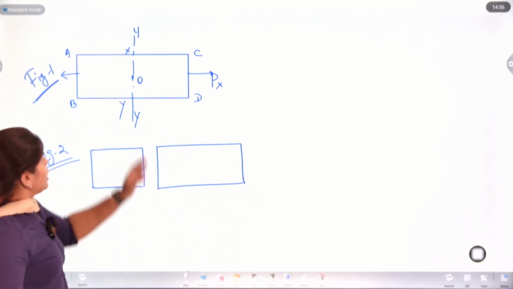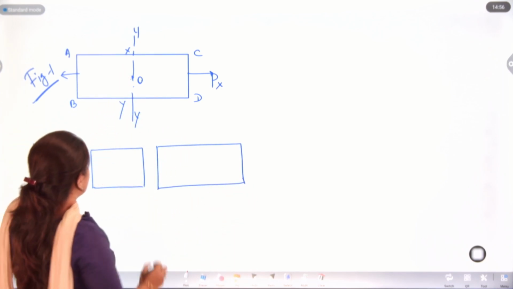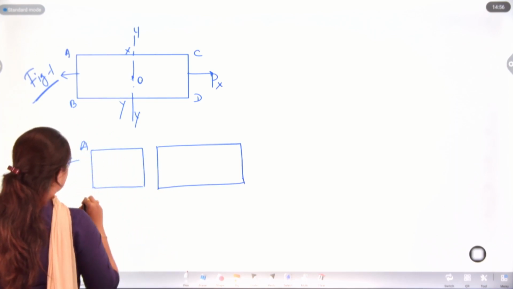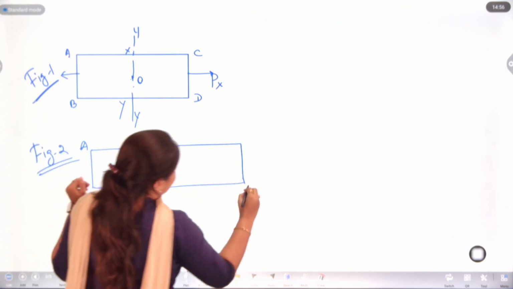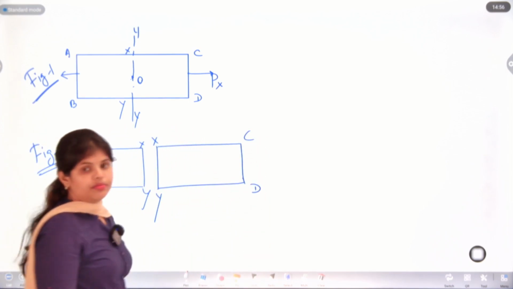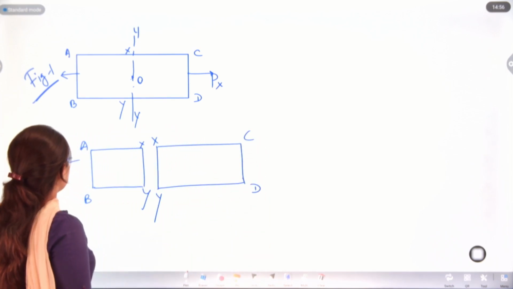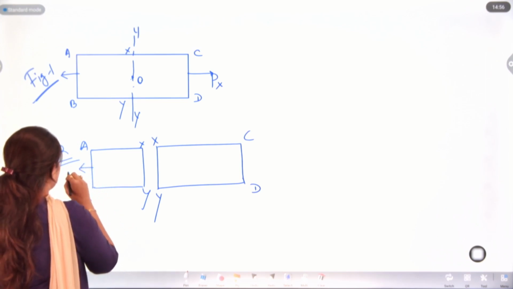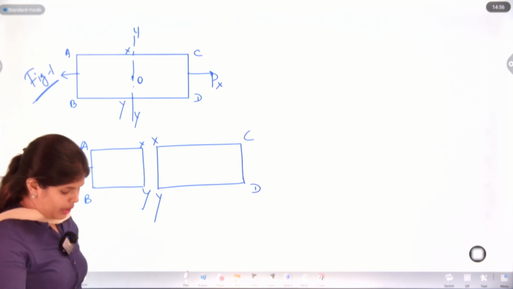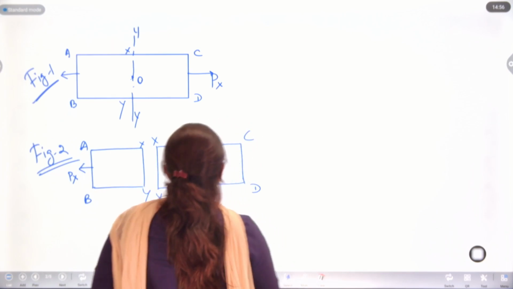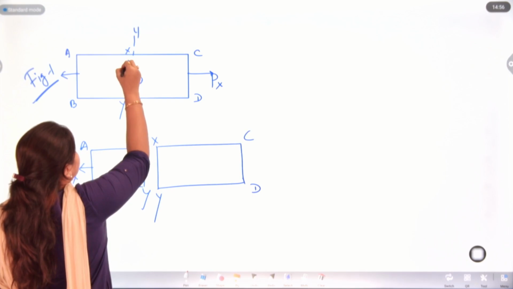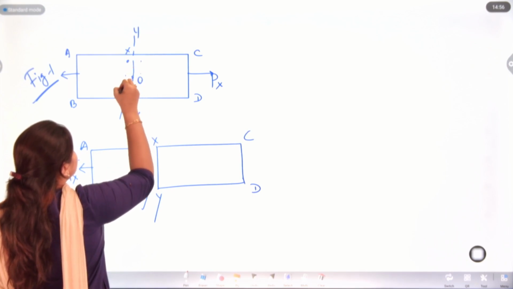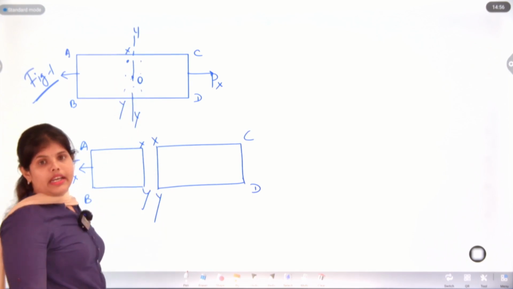So we will have ABYX and XYDC, with the force Px here. In any object, we have learned that there are some atoms present in it.